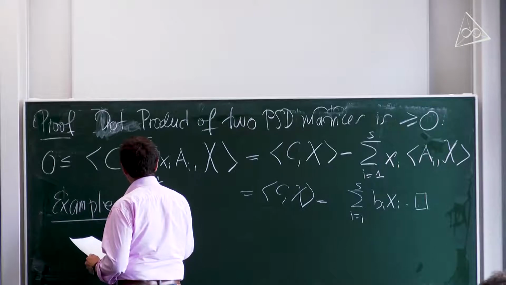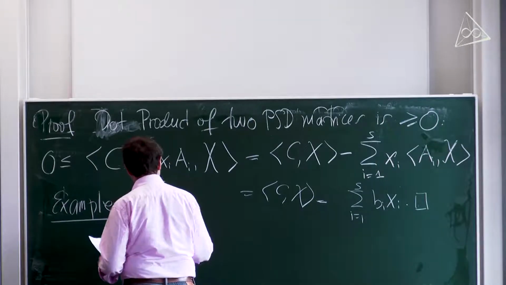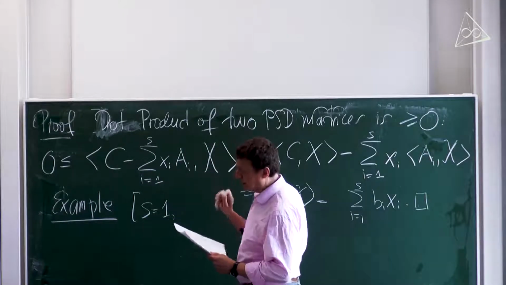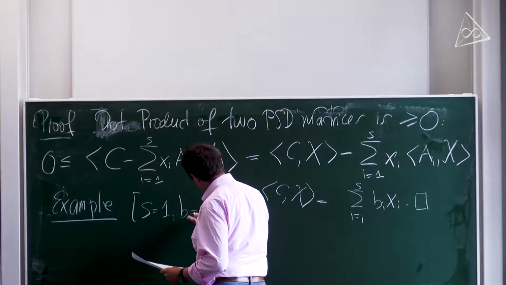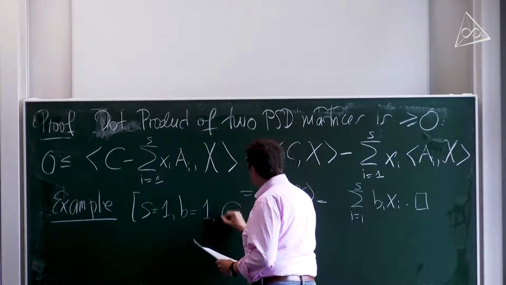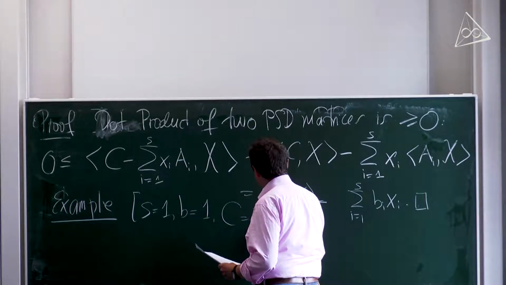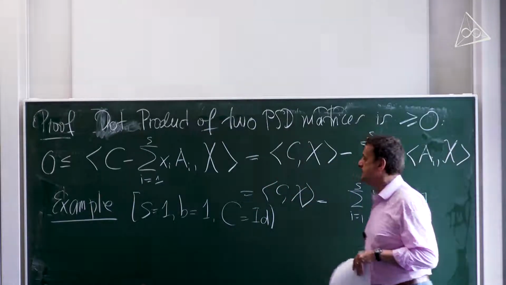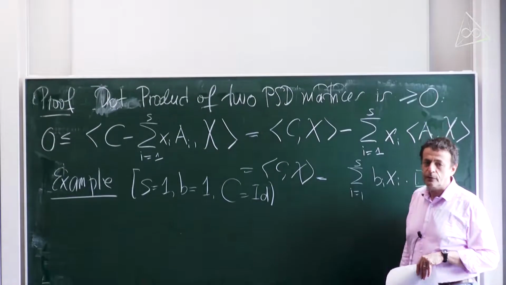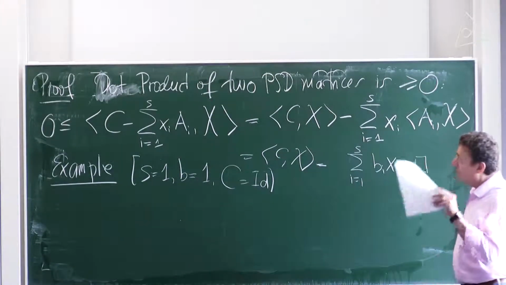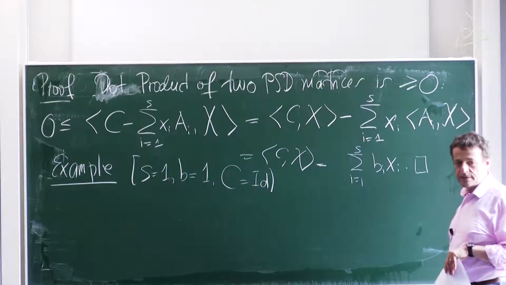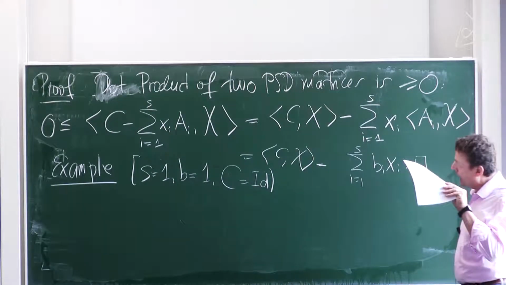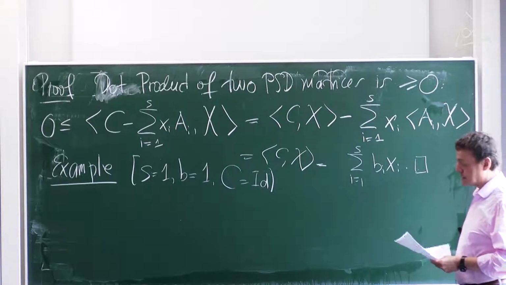Okay. In my example, s will be 1, so there's only one right-hand side, and then the corresponding b1 will be 1, and C will be the identity matrix. Okay, so let's look at this instance. I look at the instance of the primal dual pair where s is 1 and C is the n by n identity matrix, and b, the right-hand side, is the scalar 1.